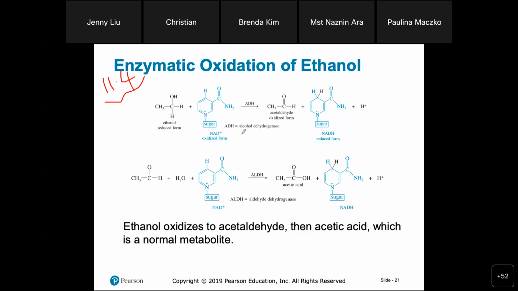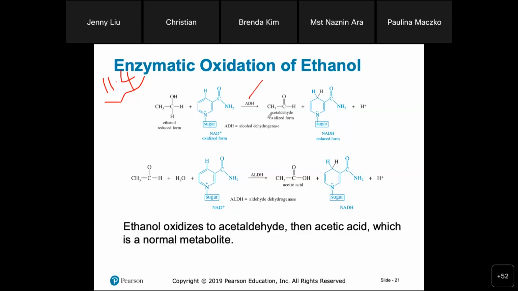So here, enzymatic oxidation of ethanol. This is the reduced form of ethanol, and we can see alcohol dehydrogenase, ADH, as the enzyme. What happens here? To detoxify ethanol, the liver produces an enzyme called ADH, alcohol dehydrogenase.